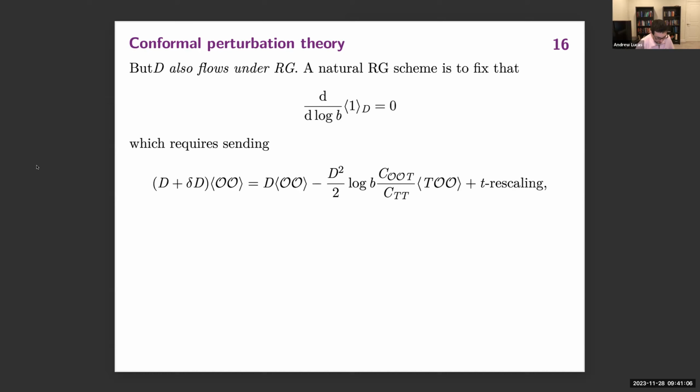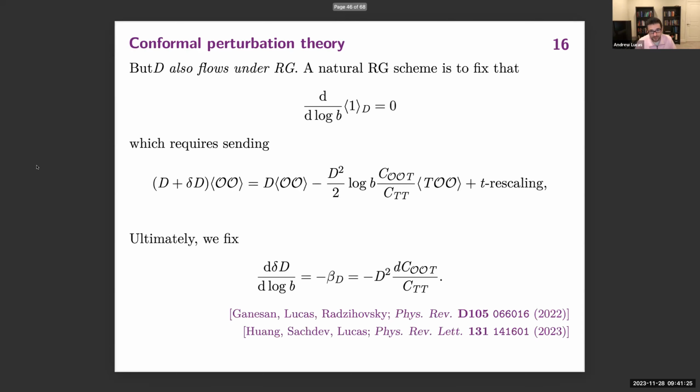And it took us a while to find what I think is an elegant RG scheme, an elegant argument to actually fix essentially the beta function of D. It's not maybe as obvious how you should do this as it is in usual perturbation theory. But Xiaoyang's argument goes like this. And eventually we fix the change to the disorder delta D and thus obtain a beta function for disorder.